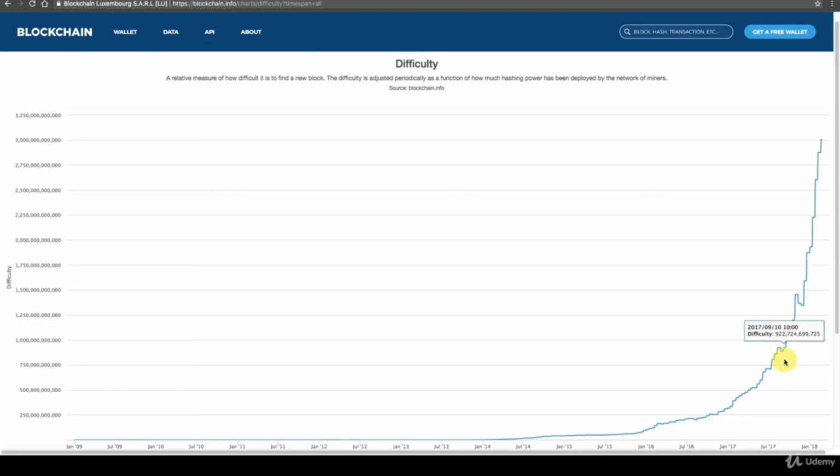And so the algorithm has to adjust in order to keep that consistency of releasing a block every 10 minutes. In order to keep that consistent, the difficulty has to be adjusted. And the difficulty is adjusted, as we saw, through the number of leading zeros. So as you can see, it's a complex system overall, like philosophically.